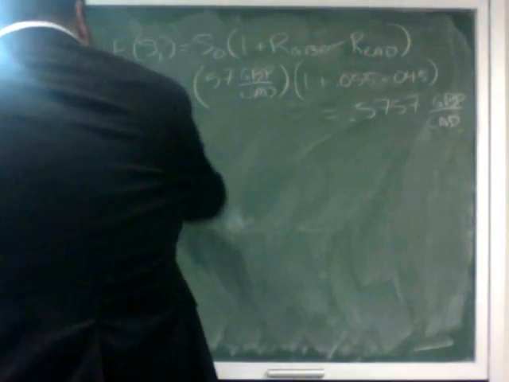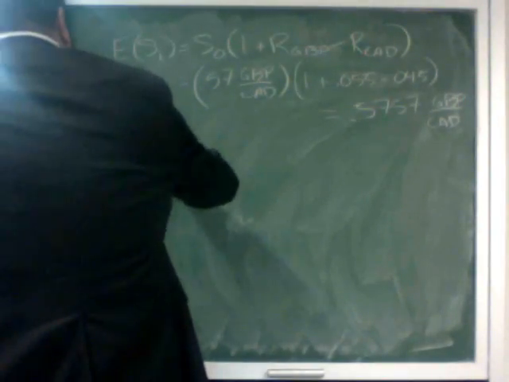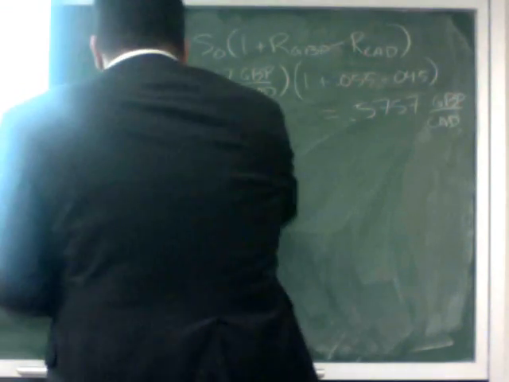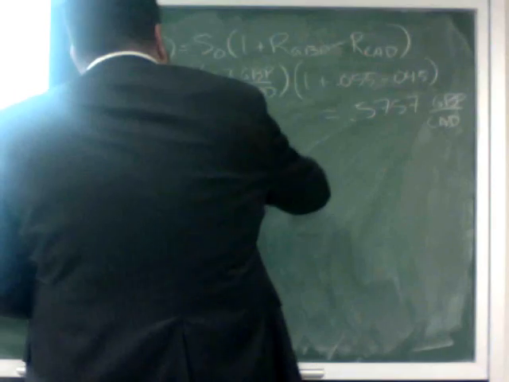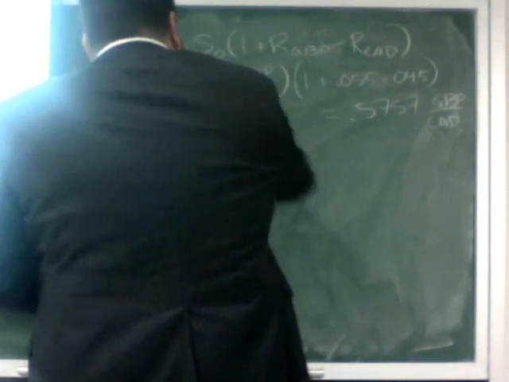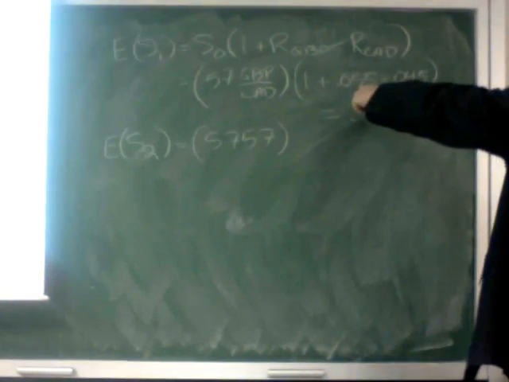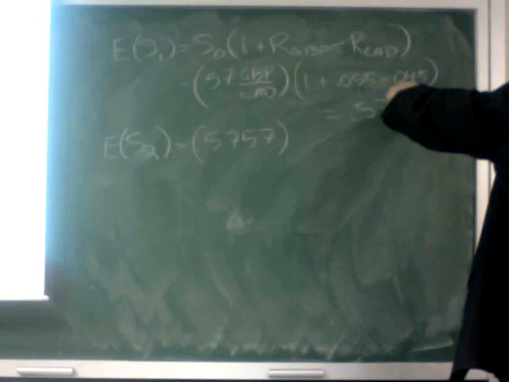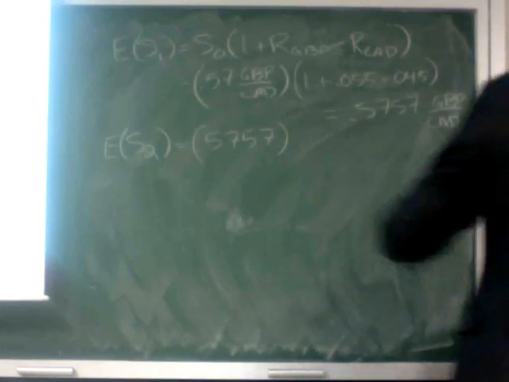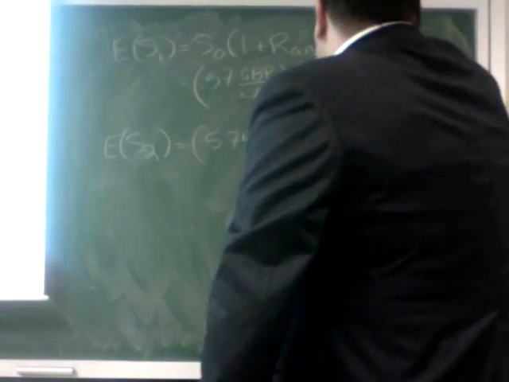And so that's just 0.055 minus 0.045, that's 0.01. So that's times 0.01.